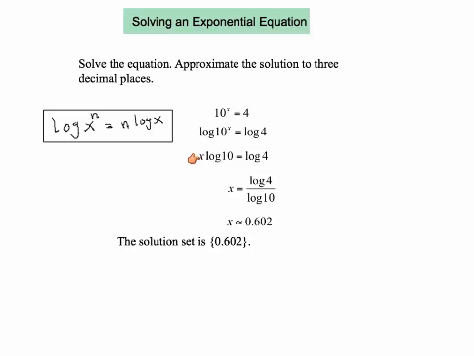We're solving for x. So x must be equal to, if I divide both sides of the equation by log of 10, log of 4 over log of 10. So here I can use my calculator and we can find x is about 0.602. So the solution is 0.602.